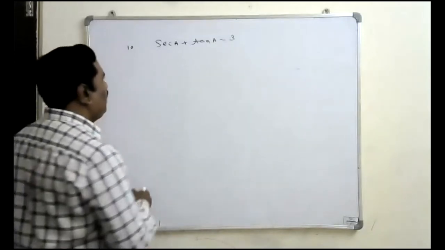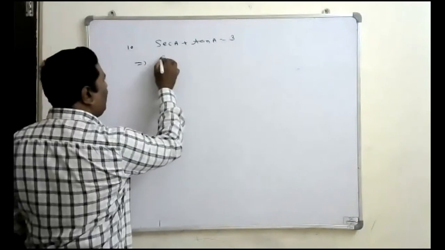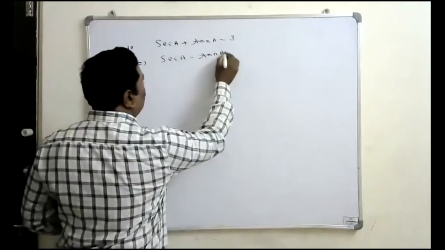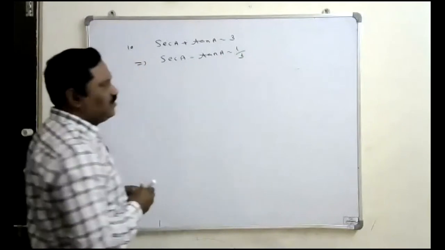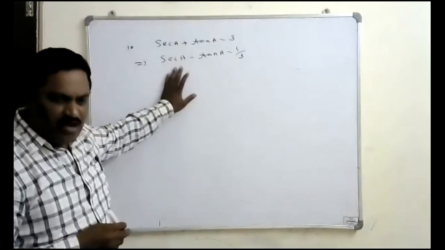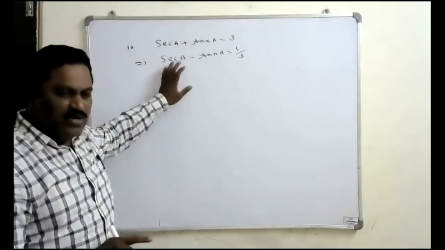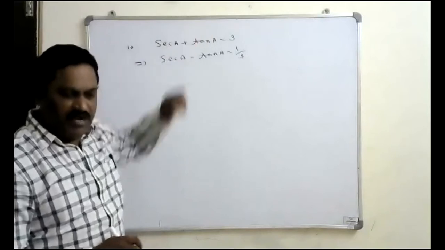That means automatically we have to take secant A minus tan A as 1 by 3, because these two values are reciprocal to each other. If any one value is given, then automatically we can consider the second value.